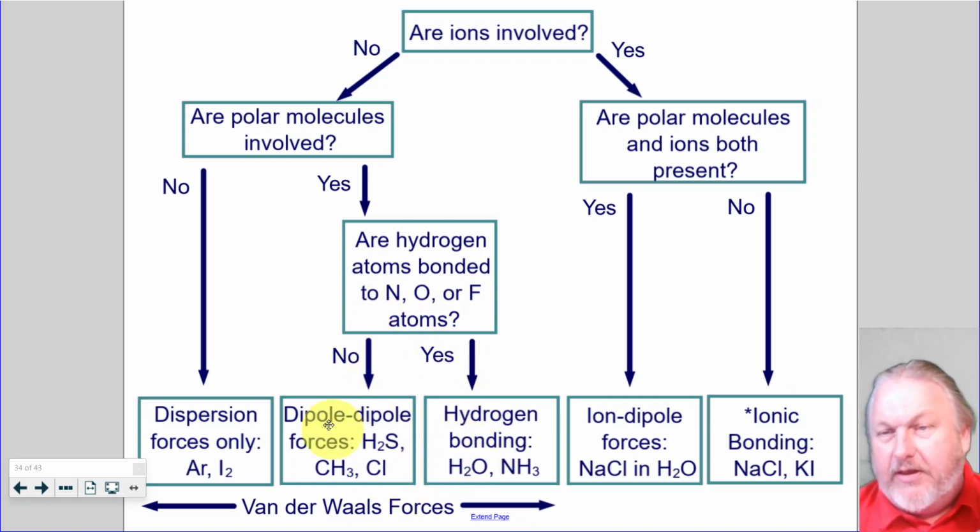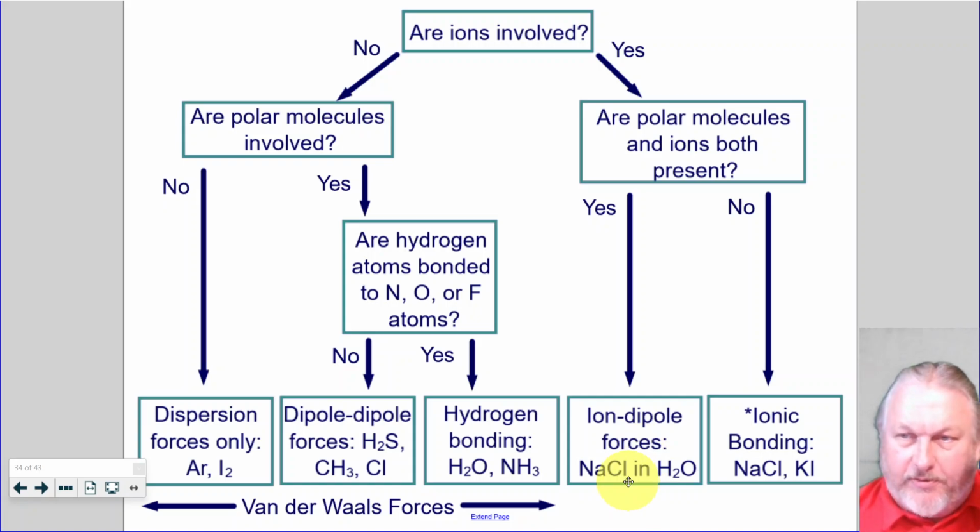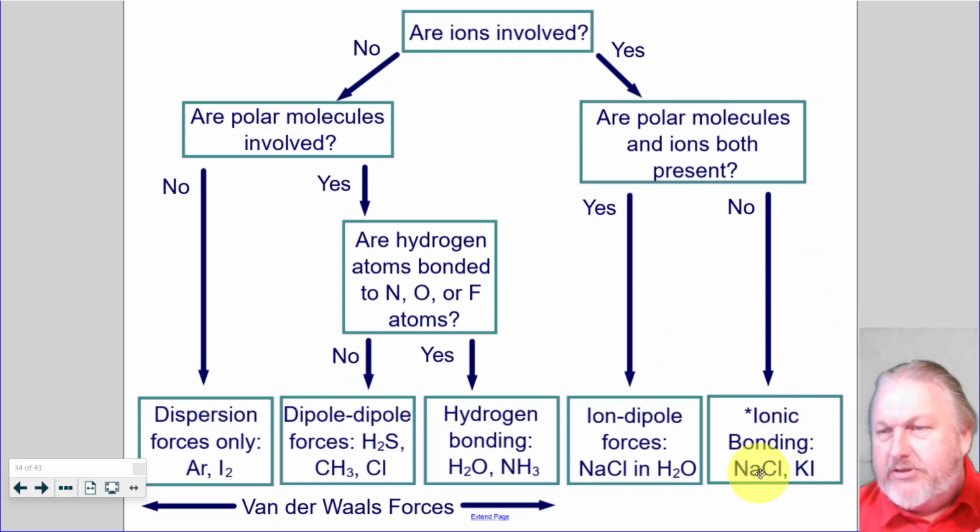If no, then probably the determining force would be a dipole-dipole force. Are polar molecules and ions both present? Yes. Then we could have ion-dipole forces, like sodium chloride dissolved in water. No. Then we just have ionic bonding, like NaCl or potassium iodide, those that we studied earlier in the year.